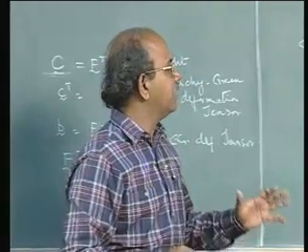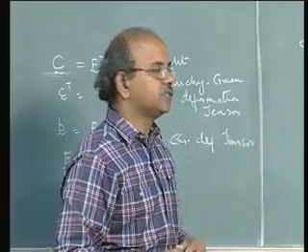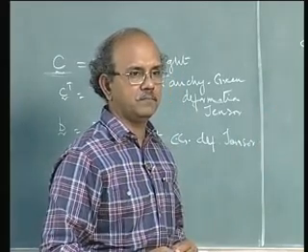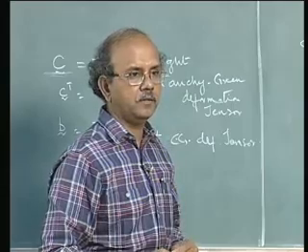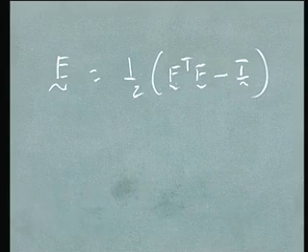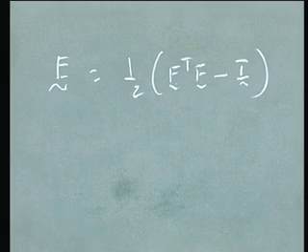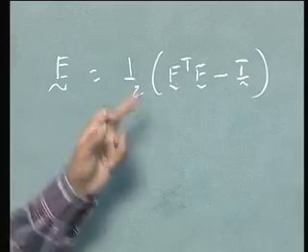We are arriving at a strain tensor purely based on the concept of lengths. Now of course we saw F transpose F as C, so this can be written as half into C minus I.